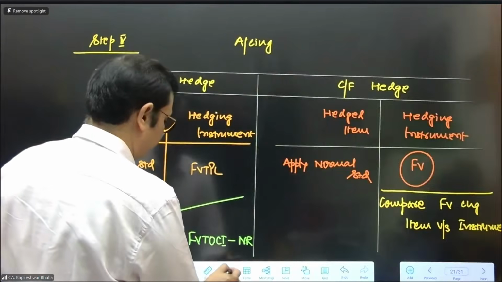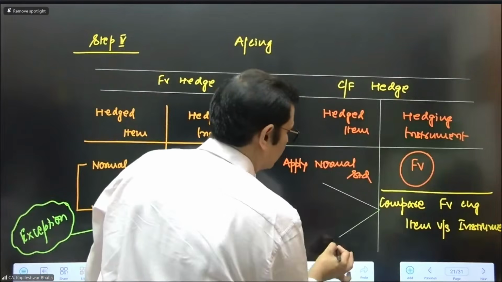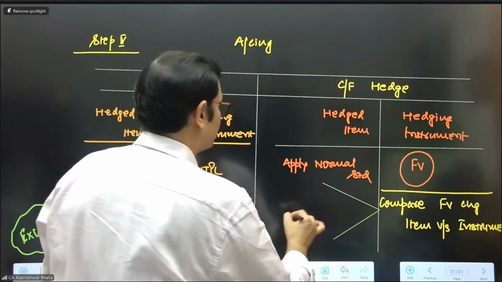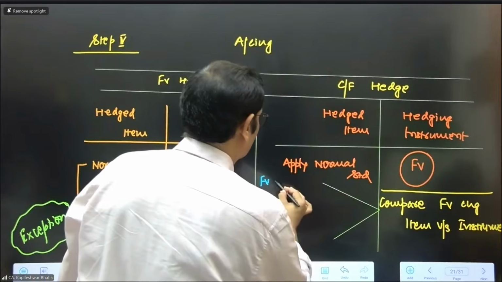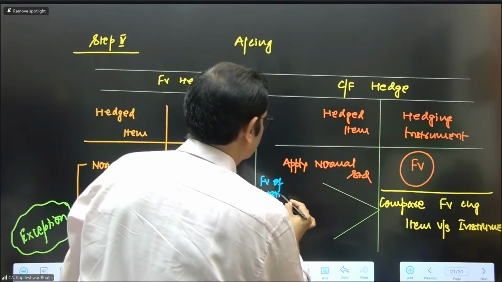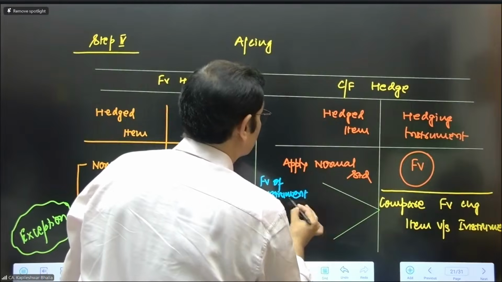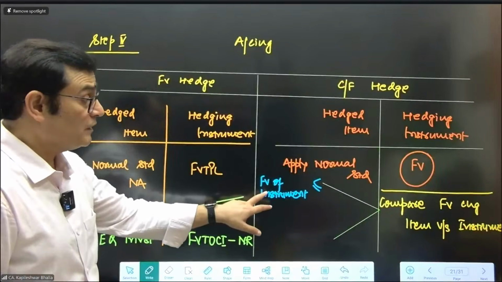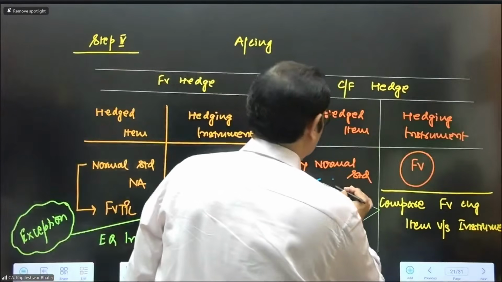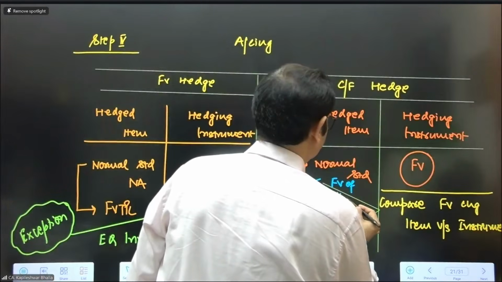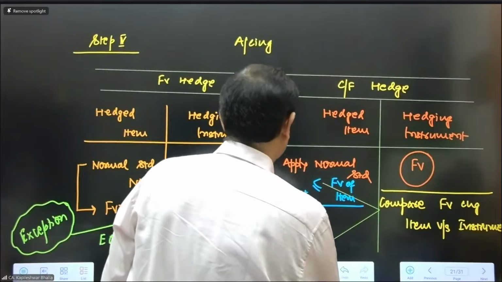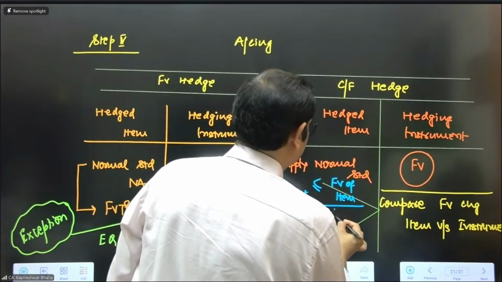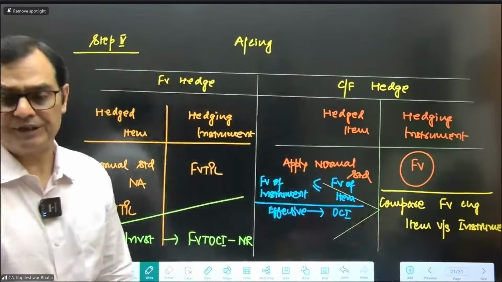And you would recall that there will be two broad situations. One is if the fair value change of the instrument is less than or equal to the fair value change of the item, this is supposed to be an effective hedge, and the entire fair value change goes to OCI.